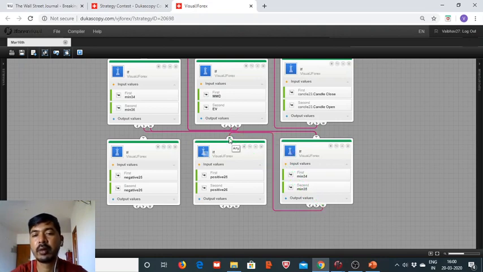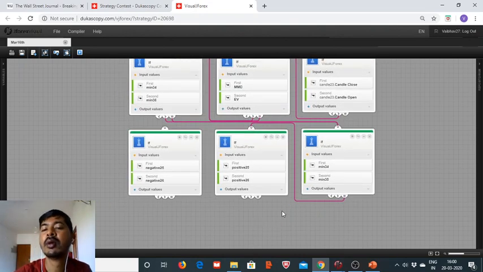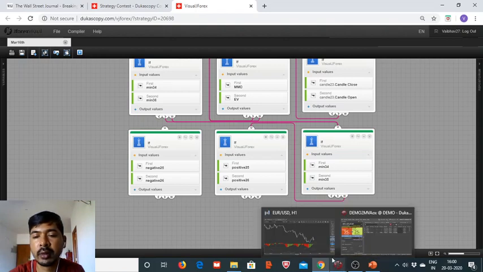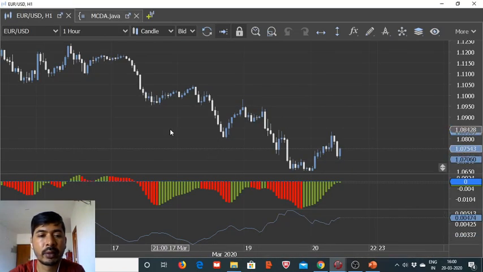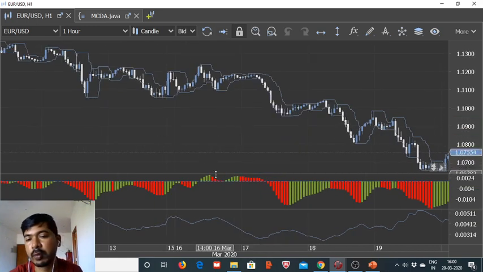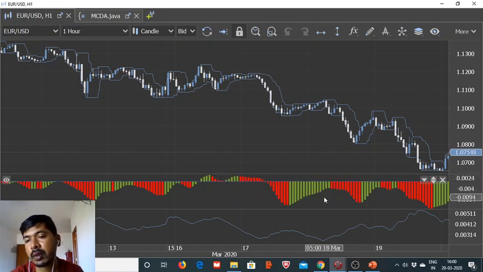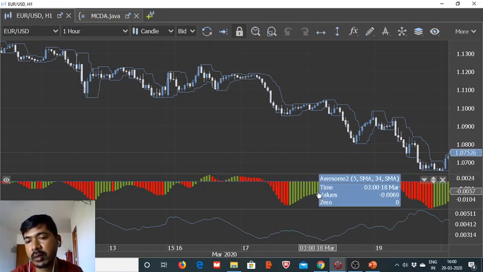So here we are, and now when we are going to look for a buy trade, we want the positive value either to be falling or the negative values to be rising.